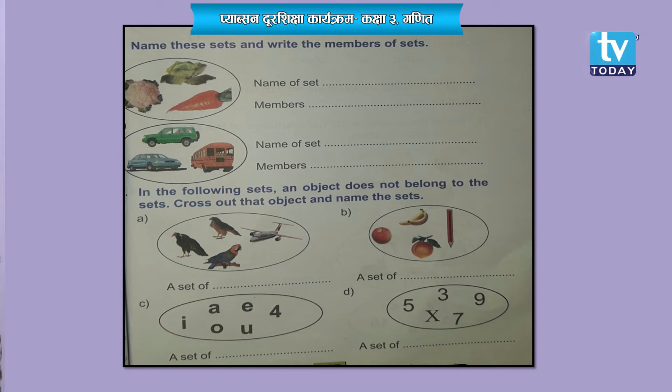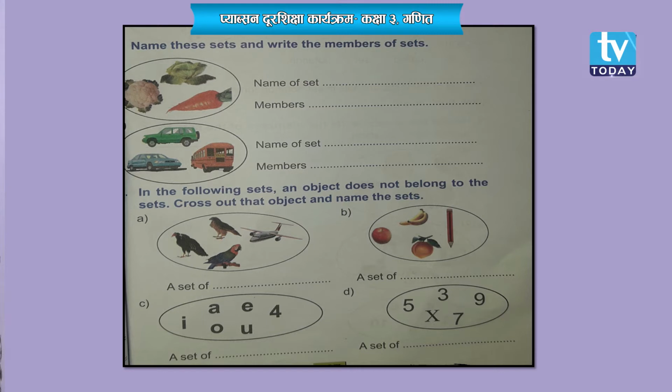Done? So students, let's have a look at this picture and write down the answer. Which one belongs to that group and which one doesn't belong to it. Listen very carefully. From the picture, what is the name of that picture? Inside that picture, there are 3 birds and 1 plane, right?